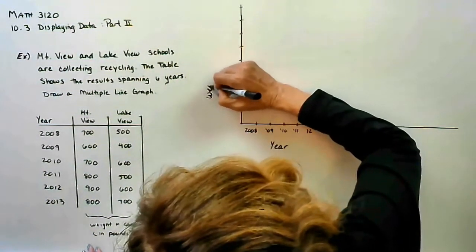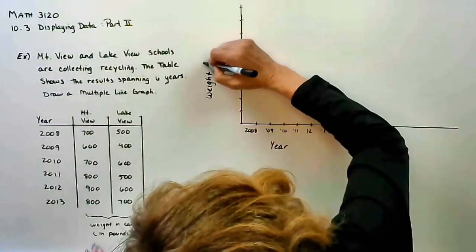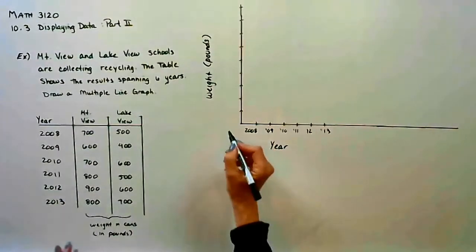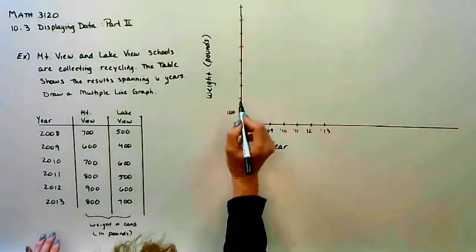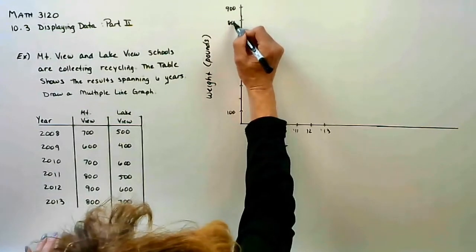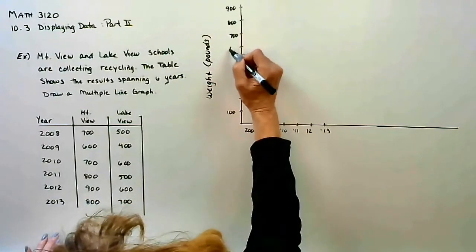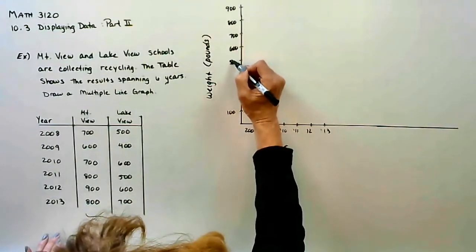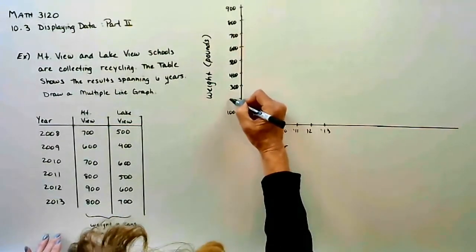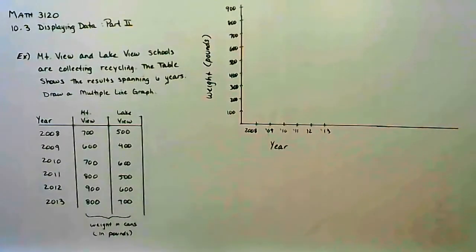Am I on the page? Oh, barely. Okay. So our labeled y-axis is weight in pounds. And these are by hundreds.